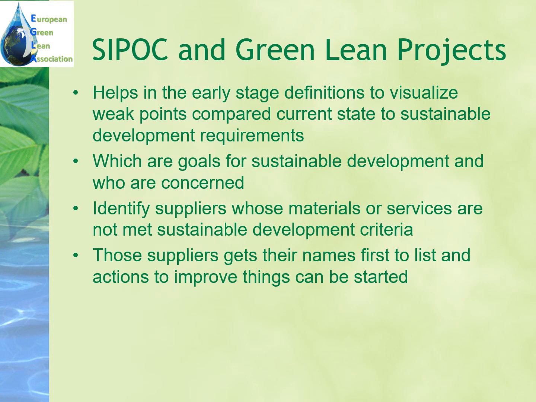It helps you to define which are the goals for sustainable development and who are concerned. It also identifies the suppliers whose materials or services do not meet sustainable development criteria. Those suppliers then get their names first on the list and actions to be done to improve things so that they can be started.